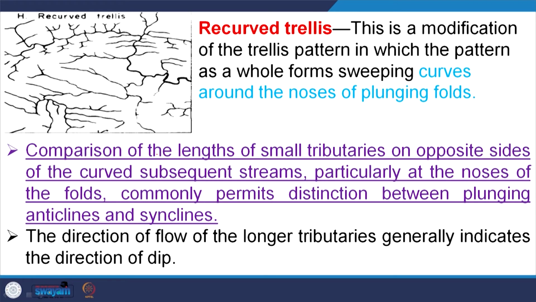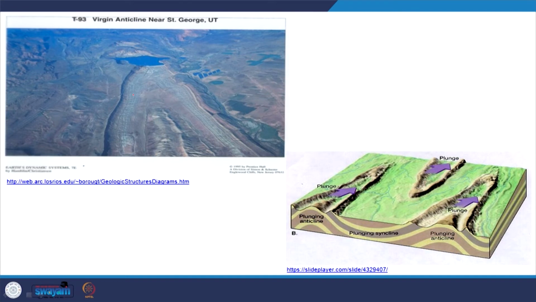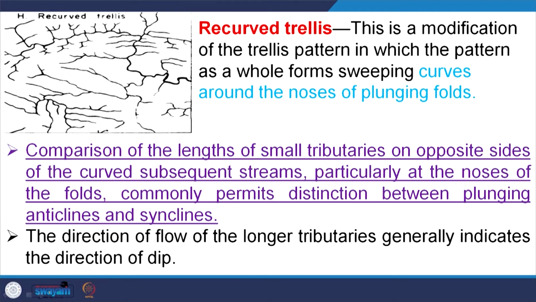Then it is called curved trellis. Curved trellis is a modification of the trellis pattern in which the pattern as a whole forms sweeping curves around the noses of a plunging fold.